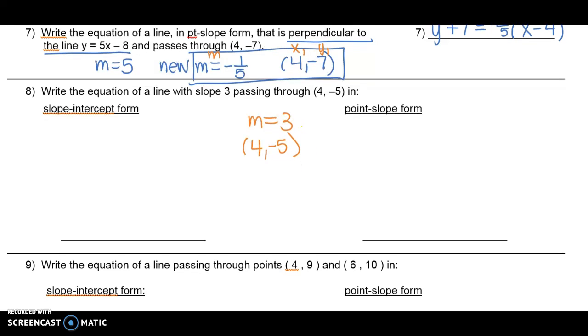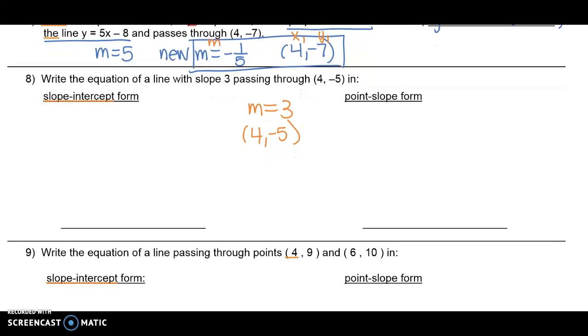What I think is going to be the easiest is to apply point slope form, because I have a slope and I have a point. So why not use my point slope form, plug it in to at least set up what that question is, and then I can do some translations to figure out the slope intercept form to get that y by itself.